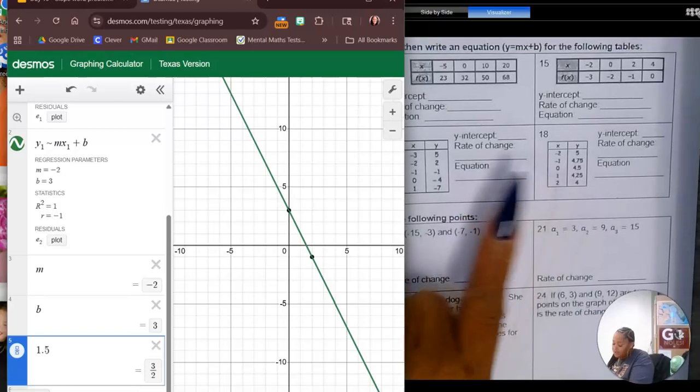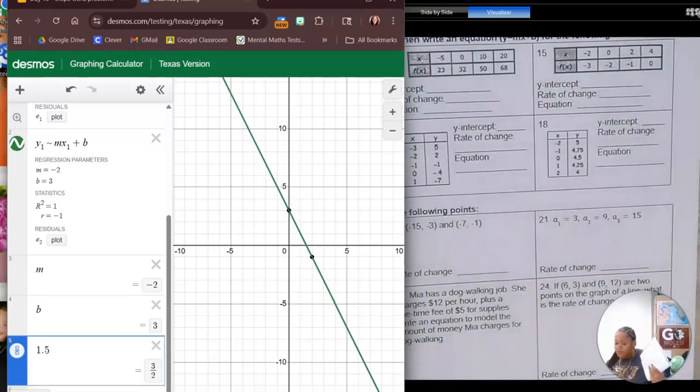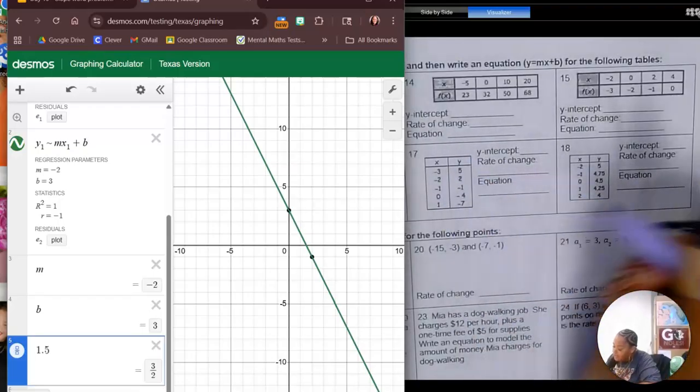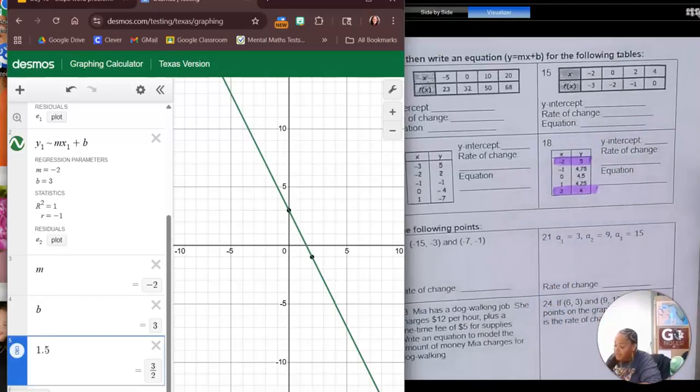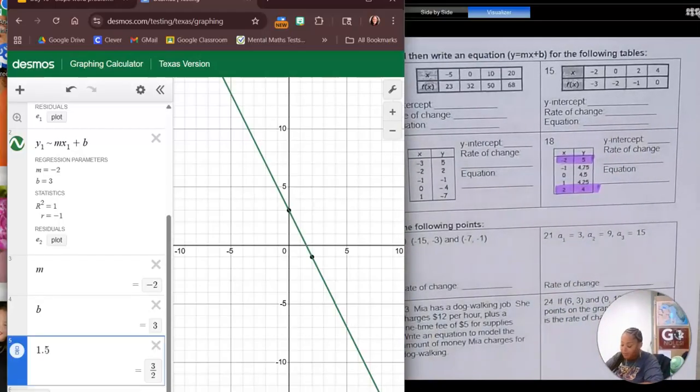For 17 and 18, I would use the numbers that are not decimals. So, for example, oh, they don't have decimals here, it's this one. I would put this in my table and this in my table. It will still give you the same points.